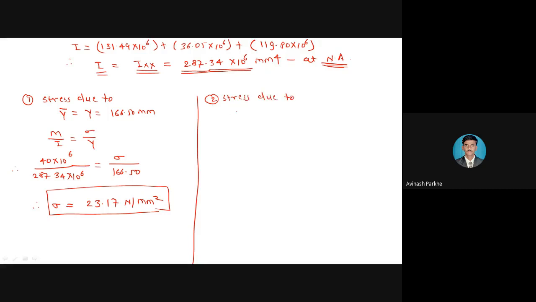Similarly, second condition, stress due to Y bar, Y is equal to 133.5 mm. Once again the formula, M upon I is equal to sigma upon Y. M will be constant, 40 into 10 raised to 6. I will be constant, 287.34 into 10 raised to 6.